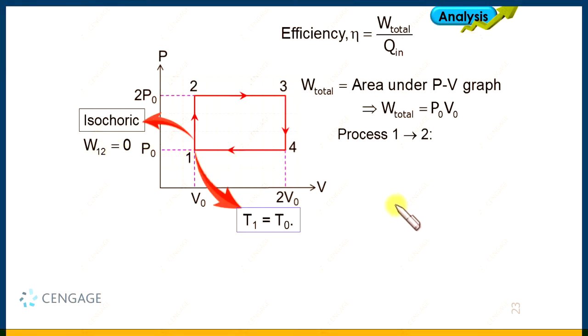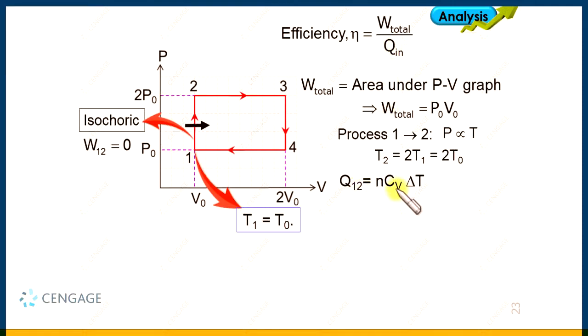We know W12 equals 0 and the temperature at point 2 equals 2T naught. So temperature is increasing while moving from 1 to 2, and in an isochoric process the heat received by the system is nCV delta T. Delta T means final temperature minus initial temperature, T2 minus T1, which is a positive value. That means Q12 will be positive, so heat is absorbed by the system.